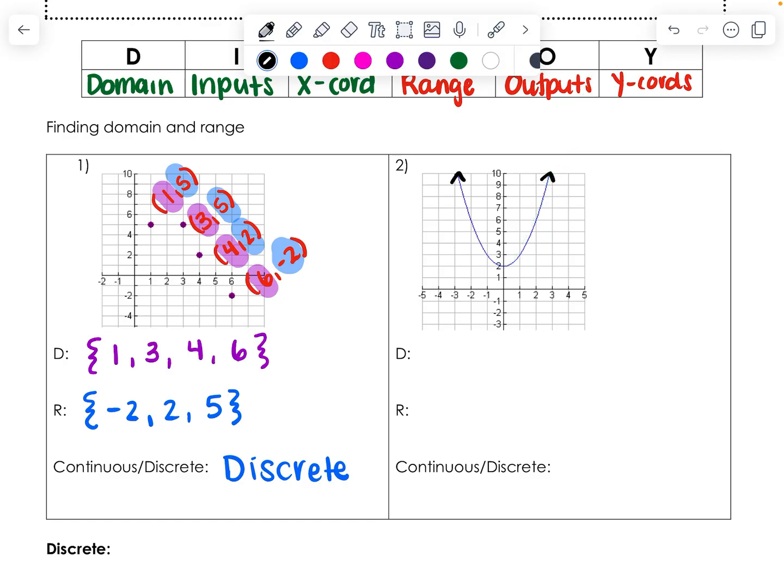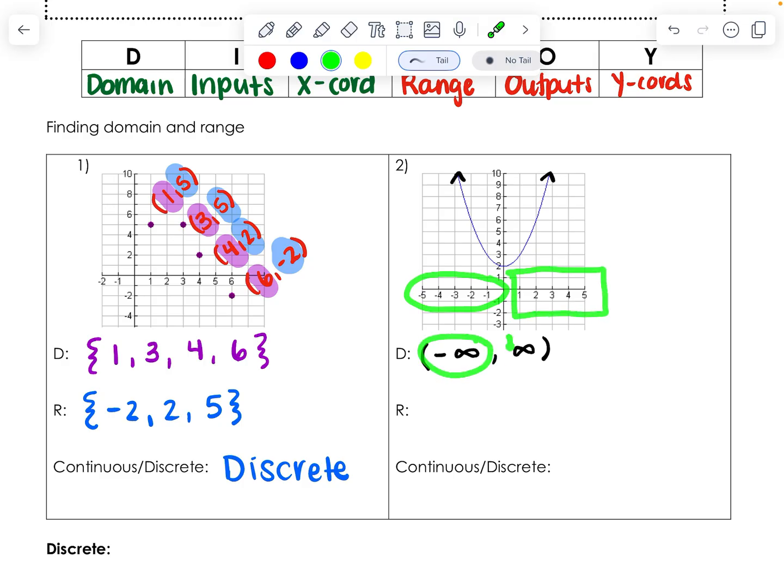And we denote these with infinity symbols. If it's going to keep going to the left, we say it goes to negative infinity. If it's going to keep going to the right, we say it goes to positive infinity. Because on the left side, our x values are negative, and on the right side, our x values are positive. But they're going to go on forever and ever and include every value of x.